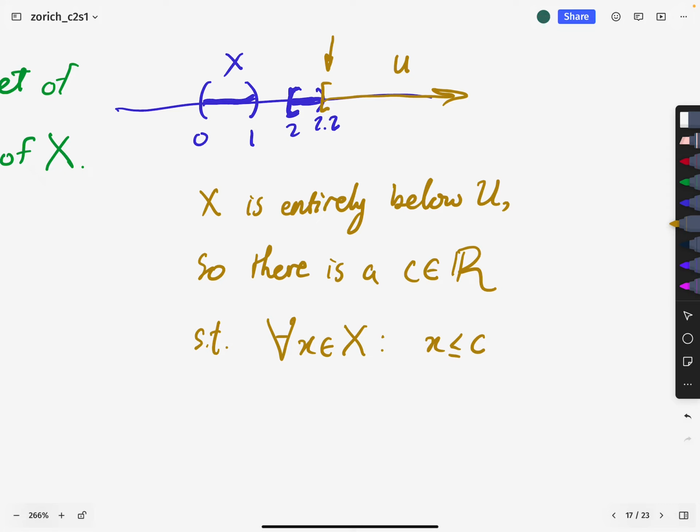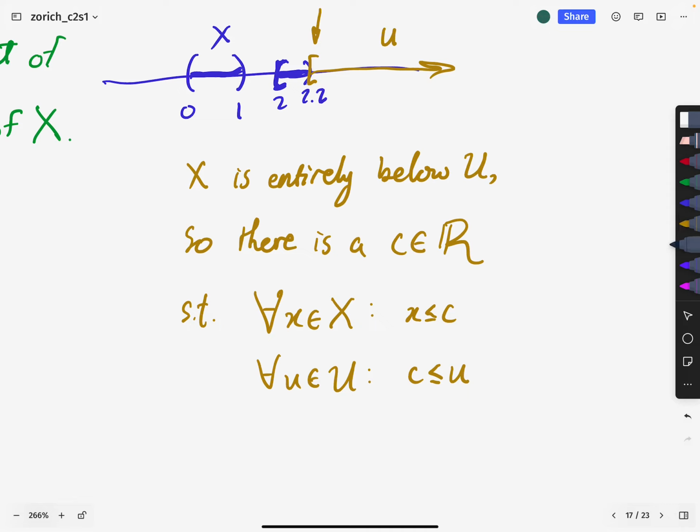And for any U in the set of upper bounds, we have that X is, I have that backwards. Oops. So, right, because this point C should be above X. So X is less than or equal to C, and for any U in the set of upper bounds, C is less than or equal to U. By the completeness axiom, we know this value C exists.